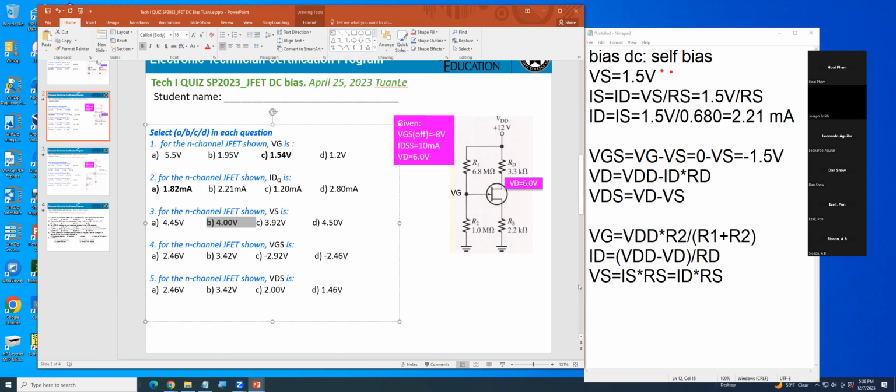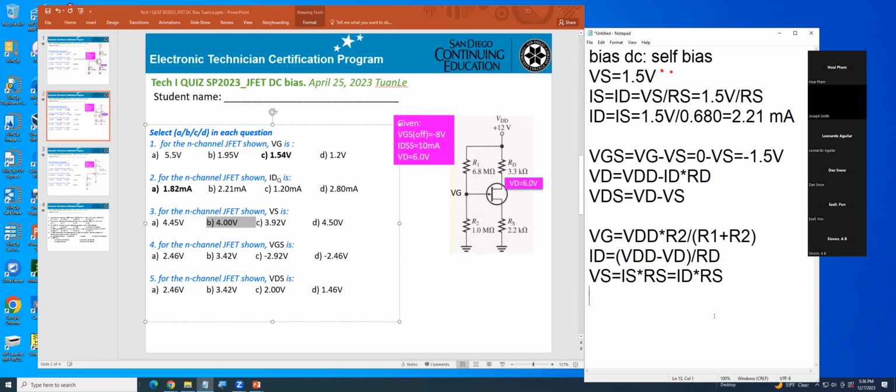Number 4. VGS. VGS equals VG minus VS. Is it A?